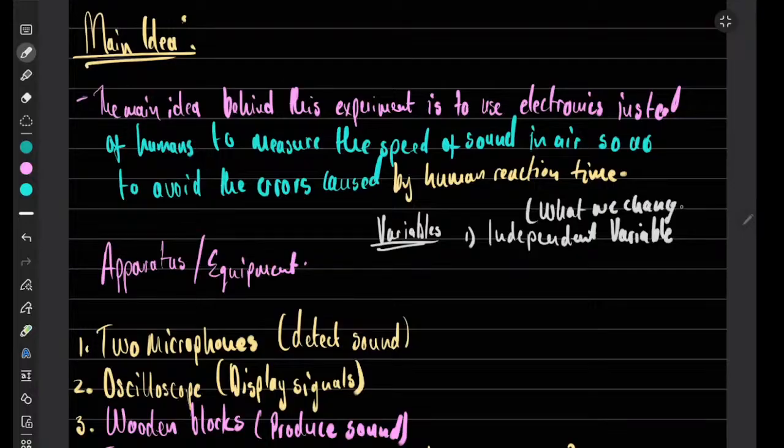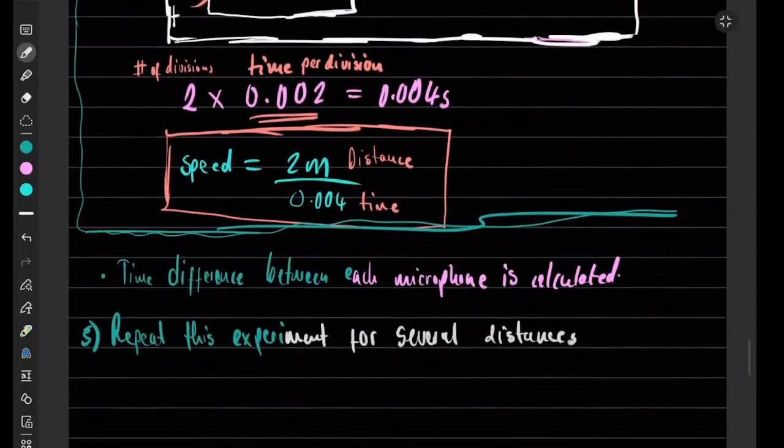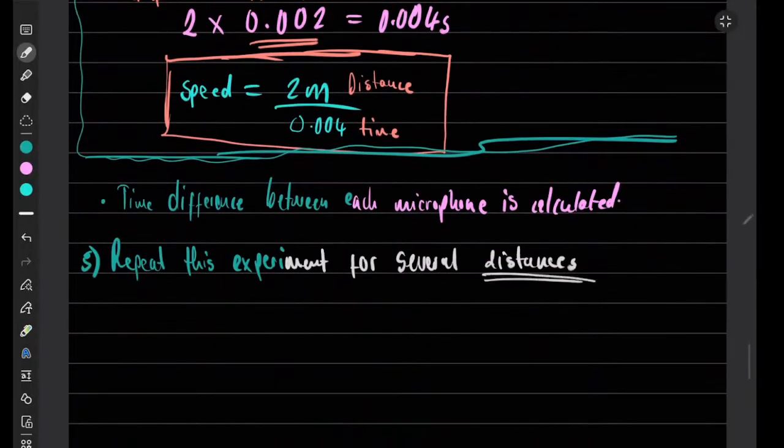Write this. You should know that it is obviously what we change. In the last line, we said, what should we change? The distances. Several distances between the microphones. We change the distance between the microphones.